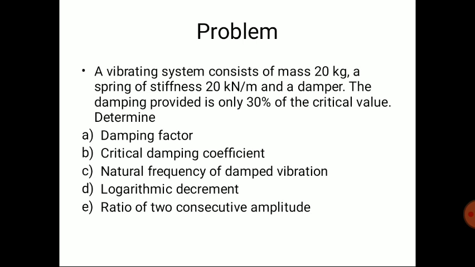In that case you should already know: when springs are connected in parallel, k is equal to k1 plus k2 plus k3, etc. And when connected in series, 1 by k is equal to 1 by k1 plus 1 by k2 plus etc. And sometimes they ask like that.